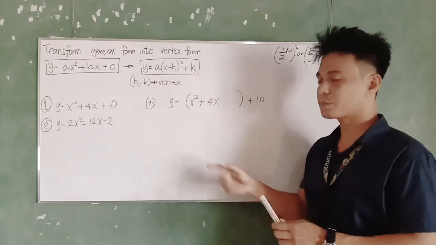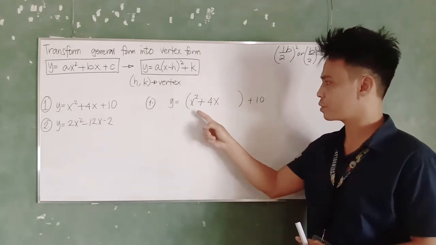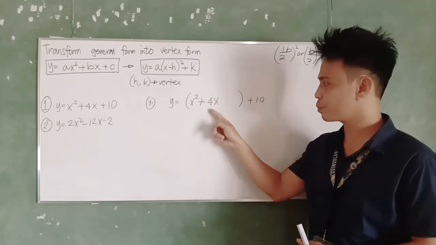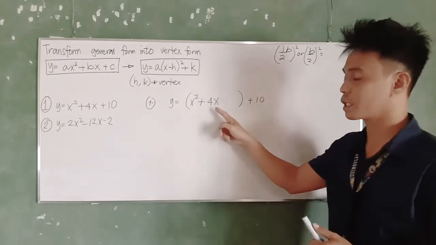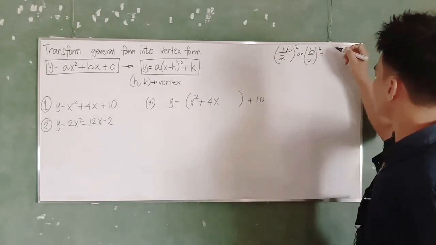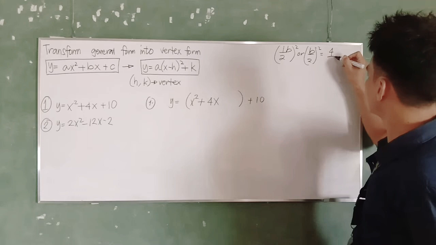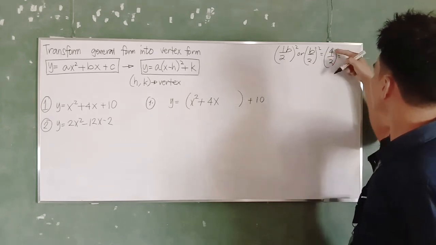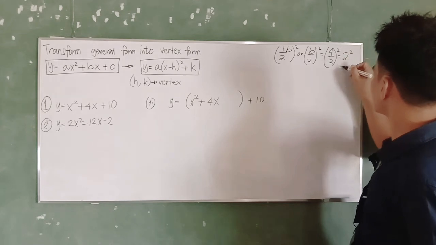So therefore, identify natin yung value ng b. So this is a, your b, and your c, right? Kung naalala nyo yun. So your b there is 4. So gagawin natin, kukunin natin yung 4 and substitute to the formula. So therefore, 4 over 2 squared is equal to 2 squared is equal to 4.